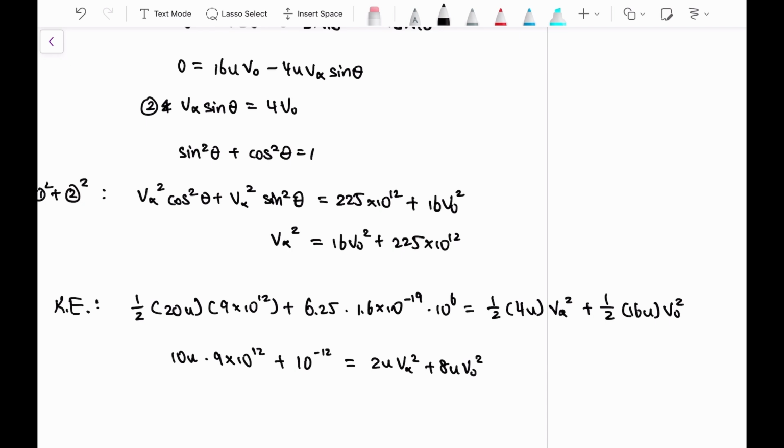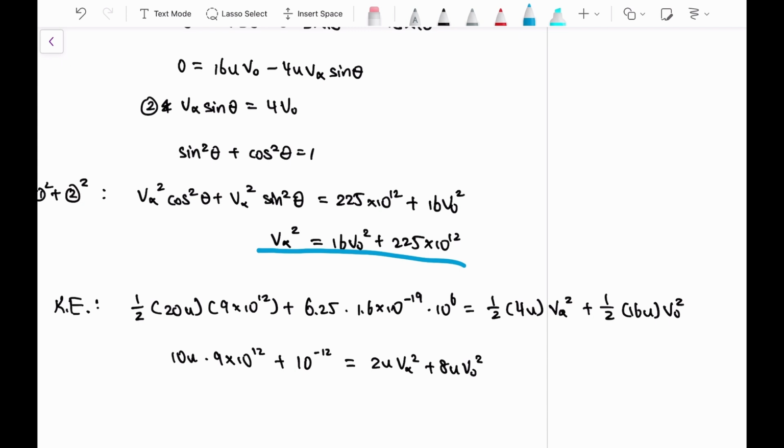So there are currently 2 variables. What we can do is substitute one of the variables, and if we look at the prior equation, we can isolate VO first because we want to resolve for V alpha.